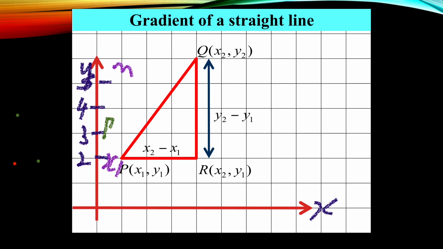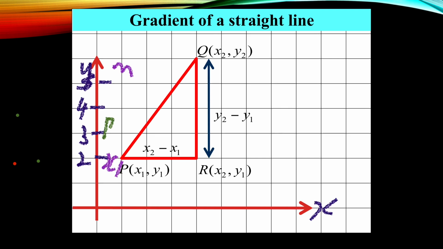For the gradient of a straight line, we can obtain it using 2 points given. We have point Q, which is 4,6, and point P, which is 1,2.